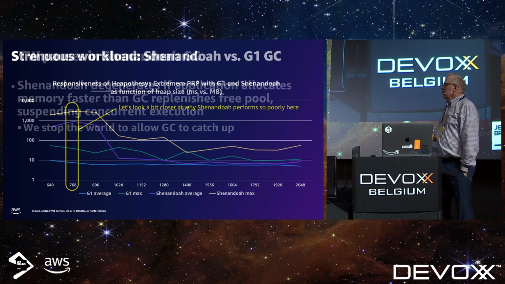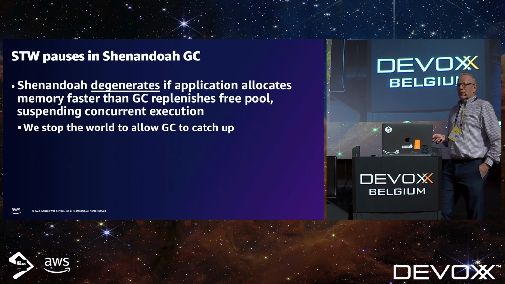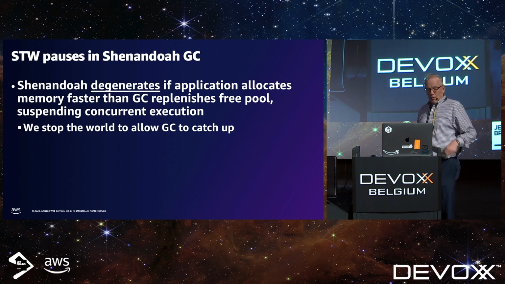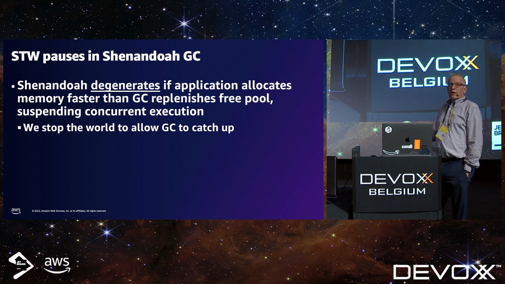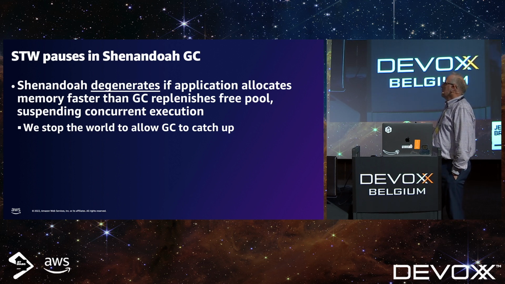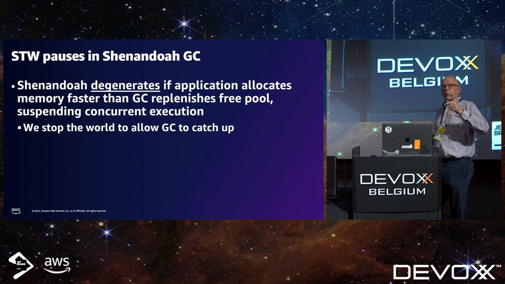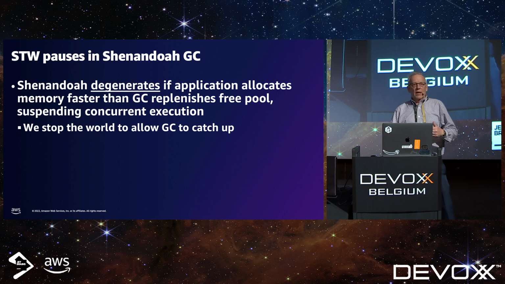And so we zoom in on that, and I need to explain something about the way Shenandoah works. Shenandoah goes into something they call degenerated mode if it ever fails to replenish the allocation pool before the allocation pool becomes exhausted. So every time you start a garbage collection, it's a race.